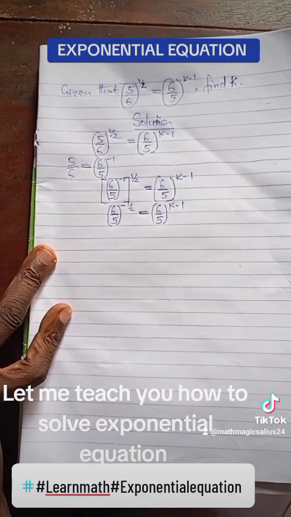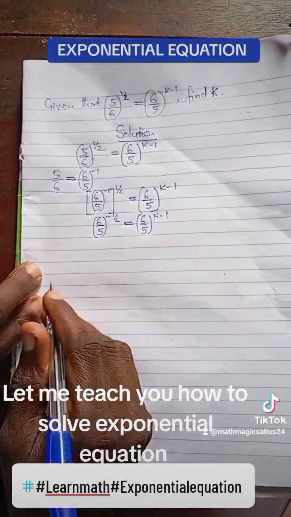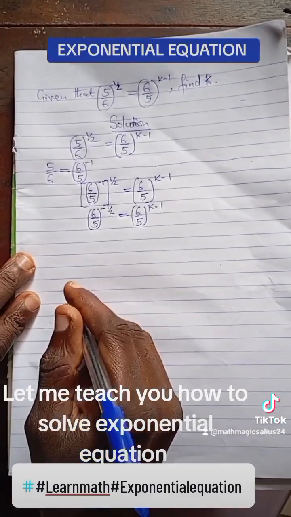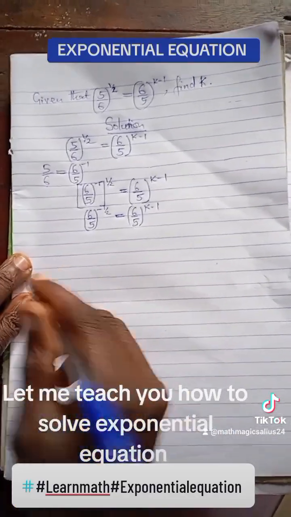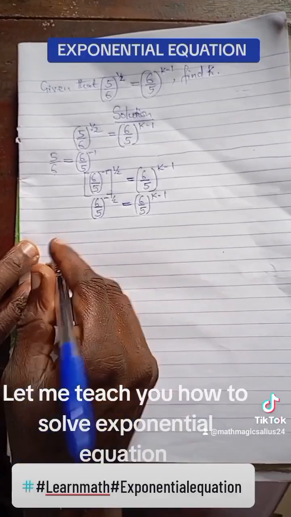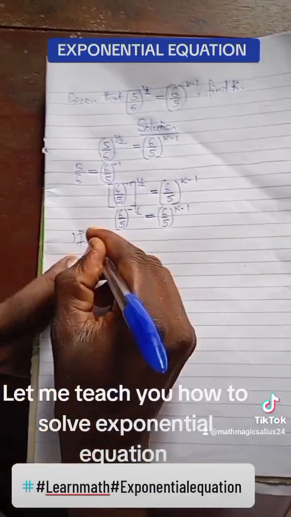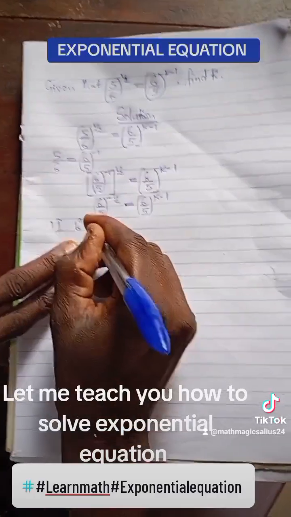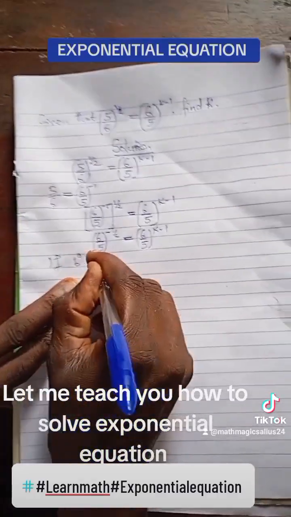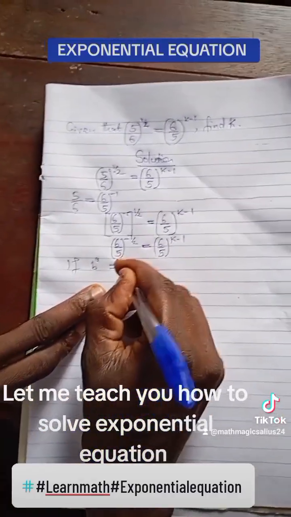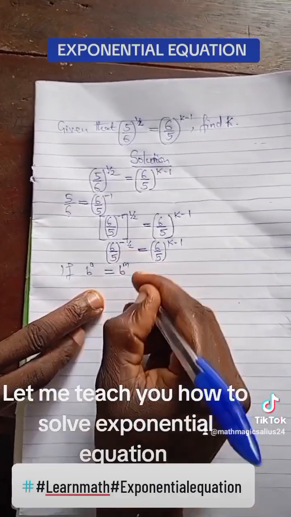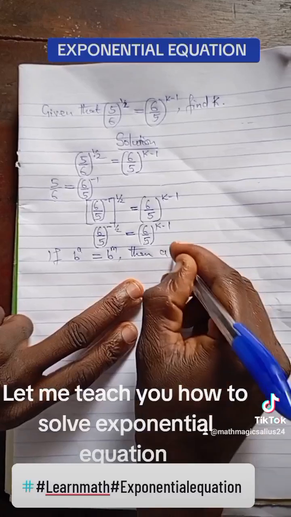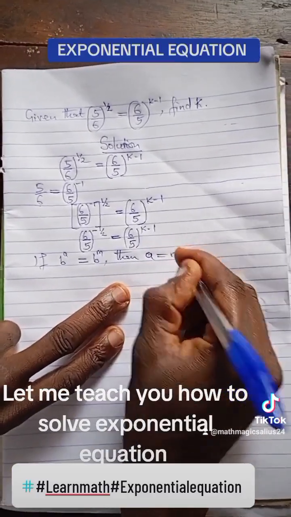Now, it is obvious that this base and this other base are now the same. So at this point, you are going to apply the rule of equality of exponents, which says that if b raised to the power of a is equal to b raised to the power of m, then a is equal to m.